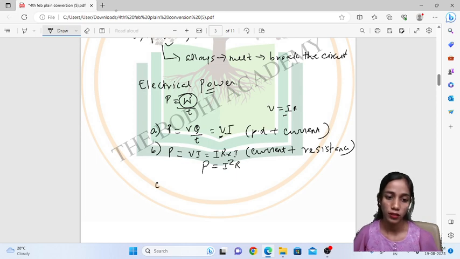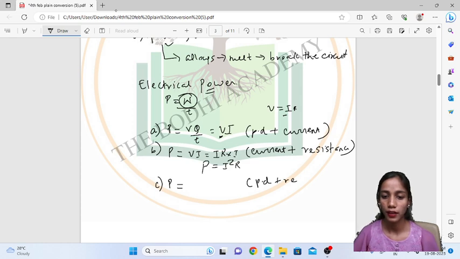Then the third one, where we will be considering the potential difference and the resistance.